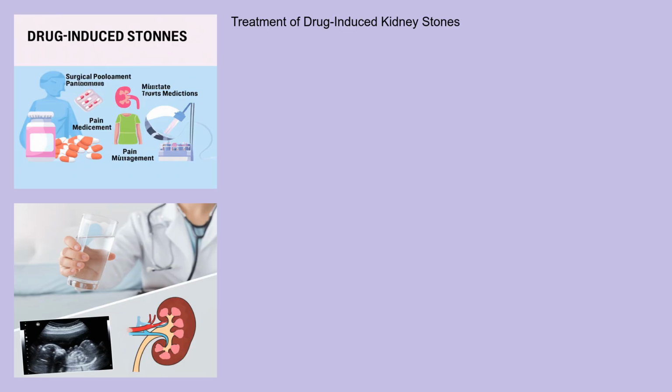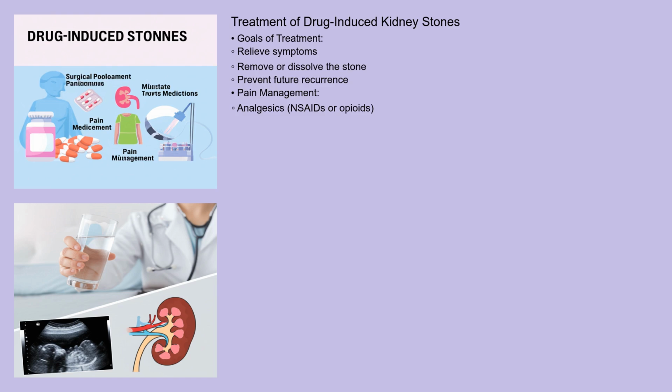Treatment of drug-induced stones focuses on relieving symptoms, removing or dissolving the stone, and preventing future recurrence. Pain management is crucial and often involves analgesics, such as NSAIDs or opioids. Increased fluid intake is vital to help flush out the urinary system. Depending on the stone size and location, other interventions may be necessary.